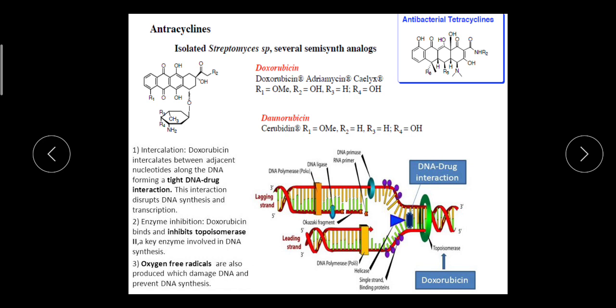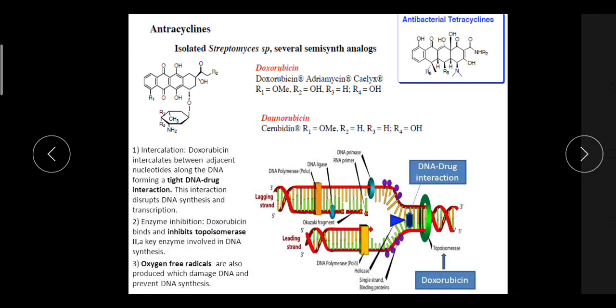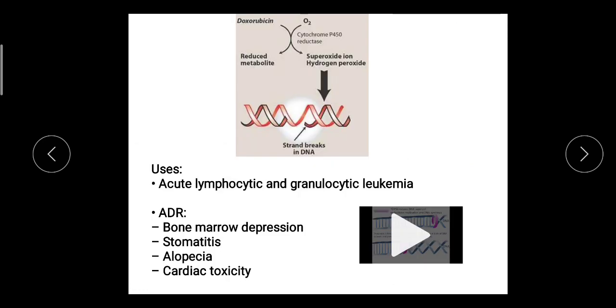It produces oxygen free radicals, and that causes the cleavage of the DNA. So this is the third mechanism. The oxygen is reduced and superoxide ions are formed, and that causes the cleavage of the DNA.